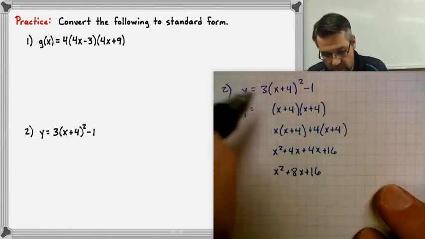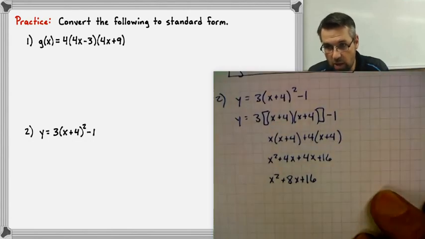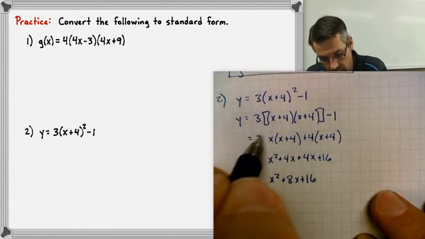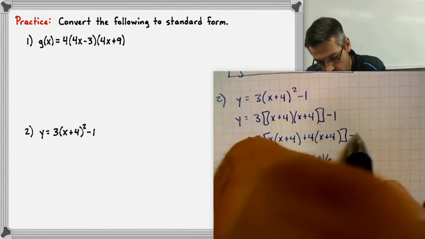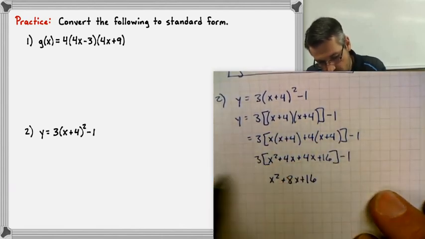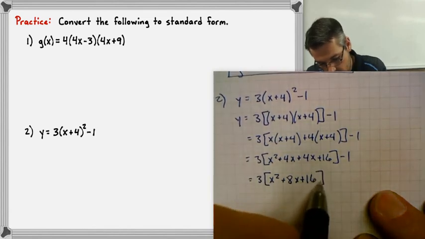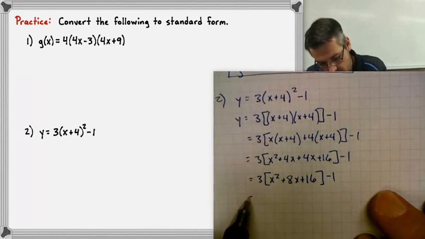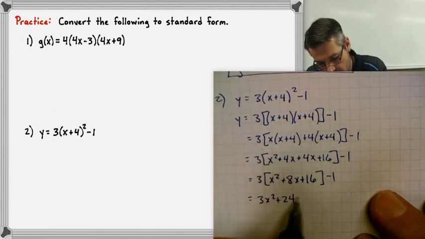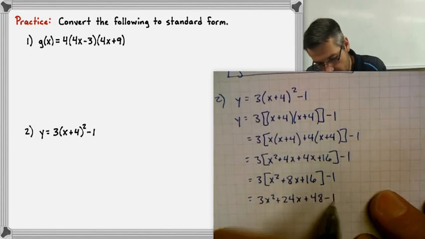But remember, we still have this 3 out front and this negative 1 at the end. So we want to carry that down throughout the entire problem. We don't want to forget about it. And then we end up distributing that 3 now. We get 3x squared plus 24x plus 48 minus 1.